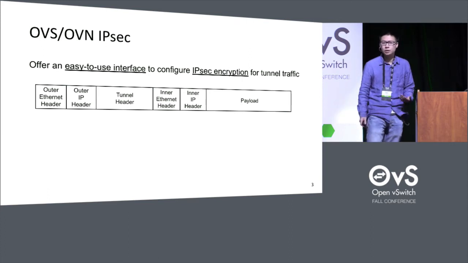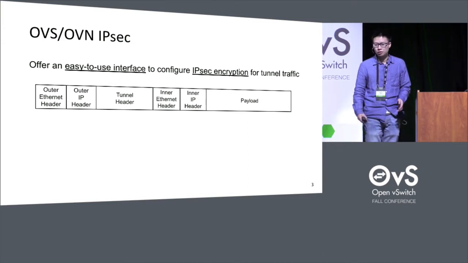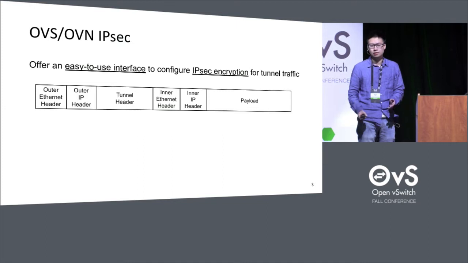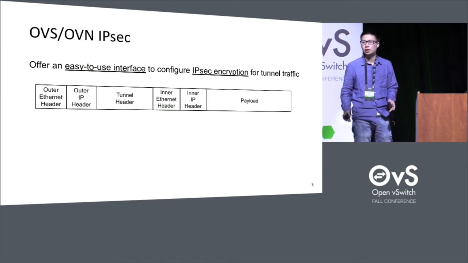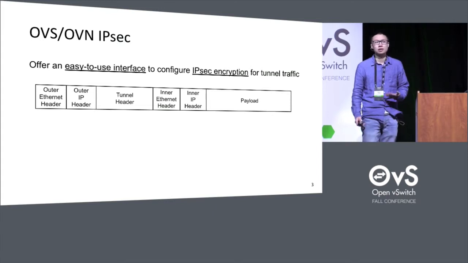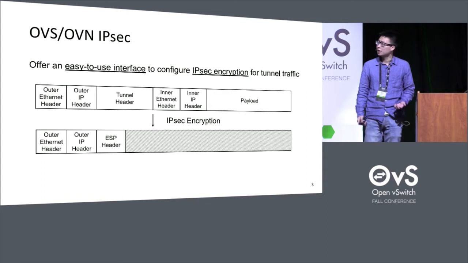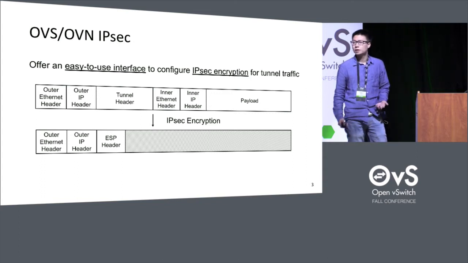The tunnel header could be GENEVE, VXLAN, or GRE. If it's GENEVE or VXLAN, there is also a UDP header after the outer IP header. I omit those details, I just want to demonstrate this concept. With IPSEC encryption, everything above the outer IP header is encrypted.